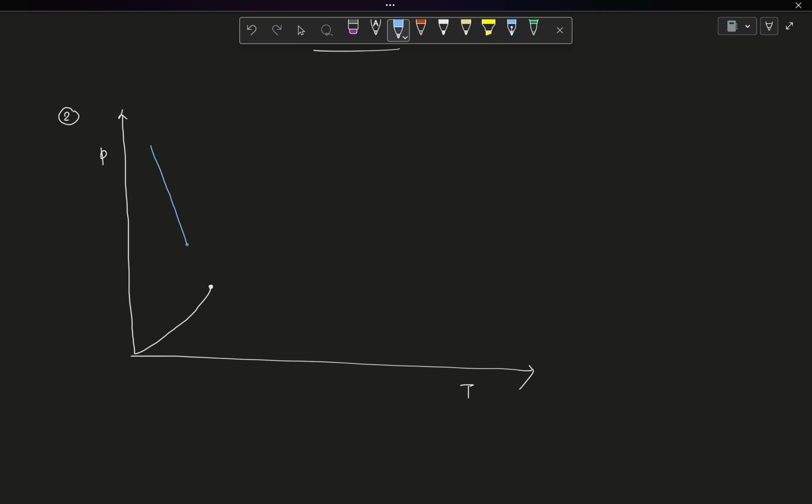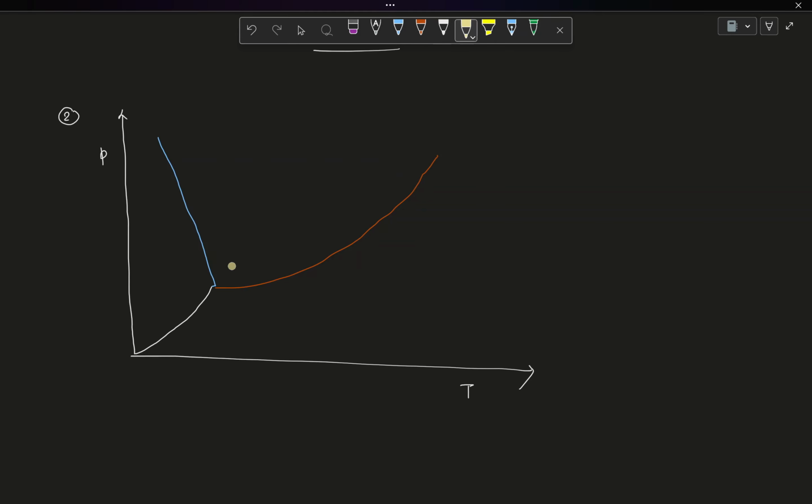It will have a negative slope like this. Maybe a bit curved, but it is actually a straight line with a negative slope. Here there is a point where the curves meet, and the vaporization curve I'll draw in red. This will be a curve.